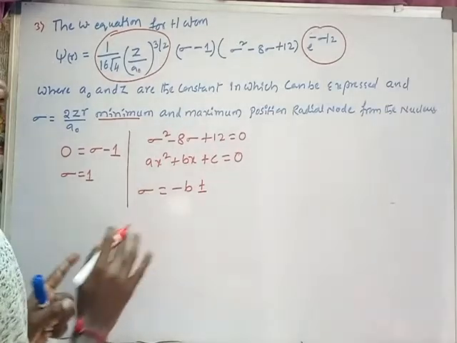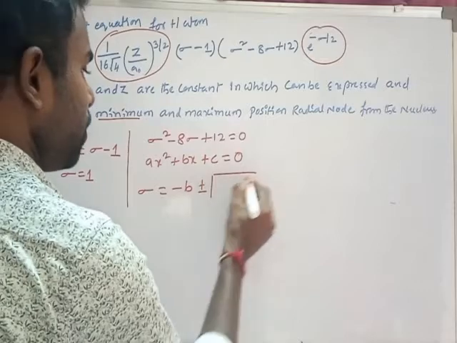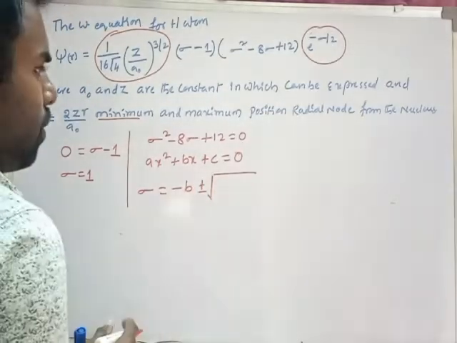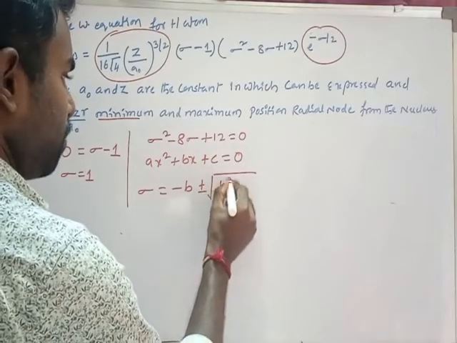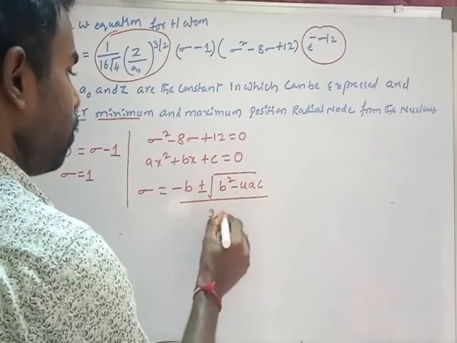We are going to calculate the sigma. Sigma equals minus b plus or minus under root b square minus 4ac by 2a.